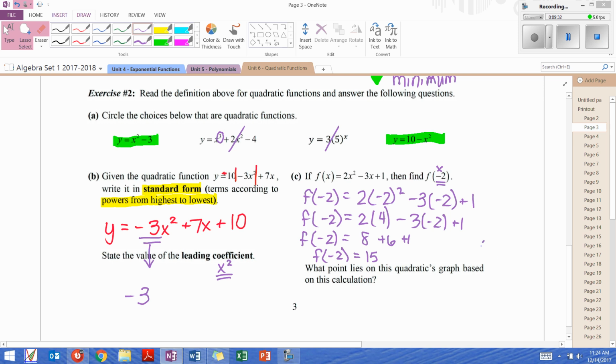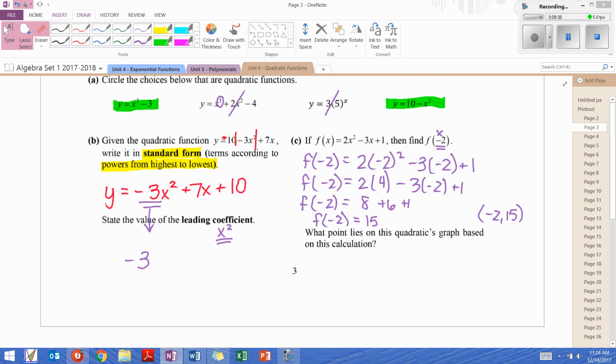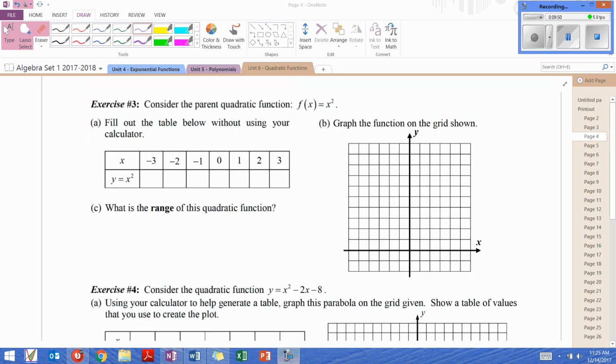I could also say that this is a point -2, 15. Oh, hey, I just answered my next question. I didn't even realize that. So what point lies on this quadratic graph? The point -2, 15. Because my x value is -2 and my y value is 15.